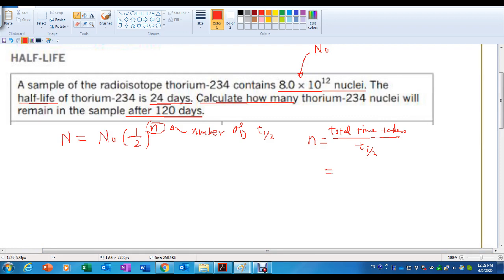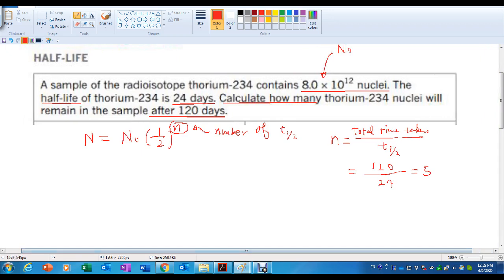In this case, the total time taken is 120 days divided by 24. Both are days, so there are 5 half-lives. Right? So we now know that there are 5 half-lives. Now we could substitute in the numbers.